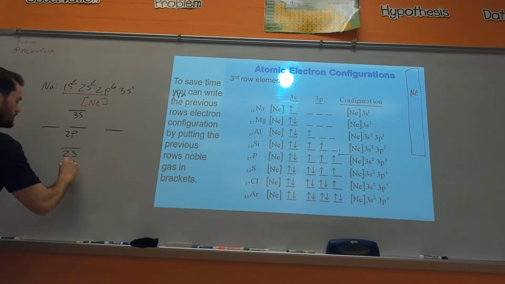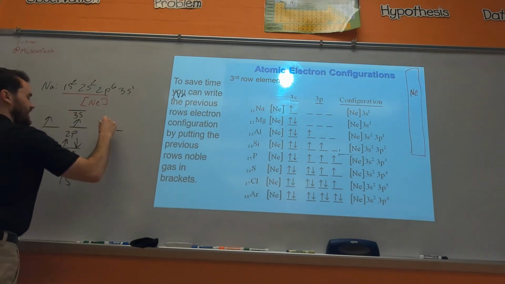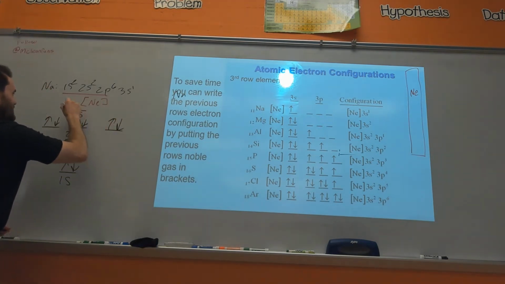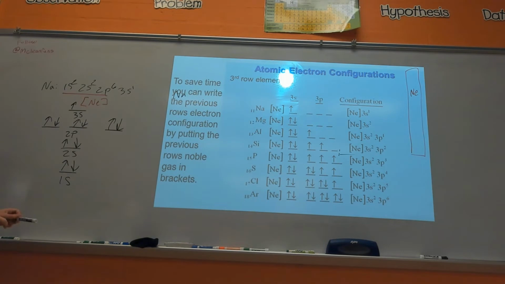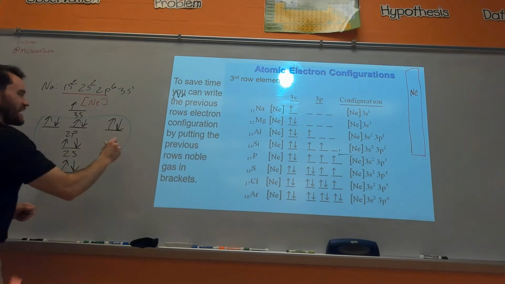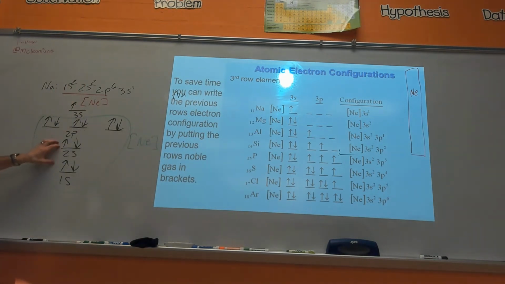And you're like, goodness, I'm falling asleep right now. This takes forever. I agree. So instead of writing all of that, you just say brackets neon, because that whole thing is the orbital diagram for neon. You with me? Just a shortcut.